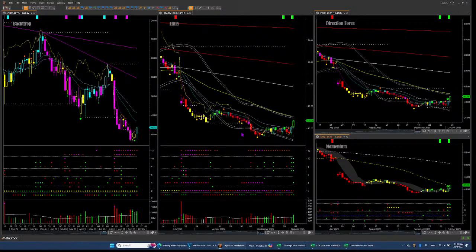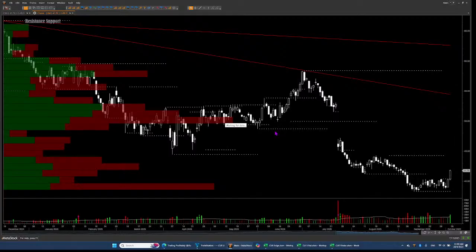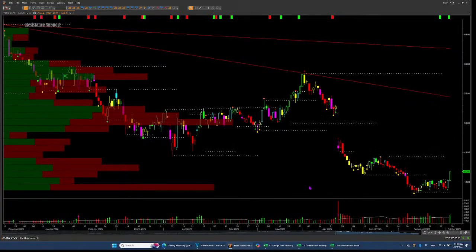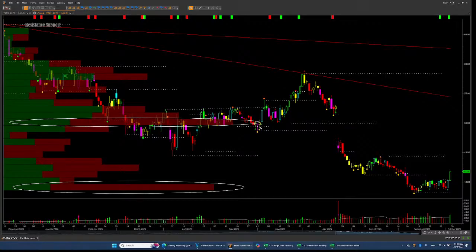Let's look at CMG with another chart template, the resistance support chart template that has the volume at price plot here. In the entire screen length, we have 2 huge peaks.